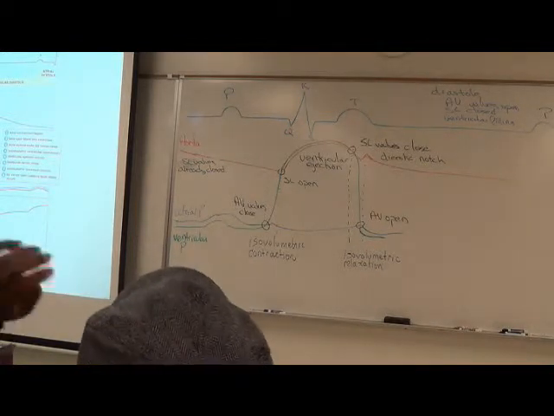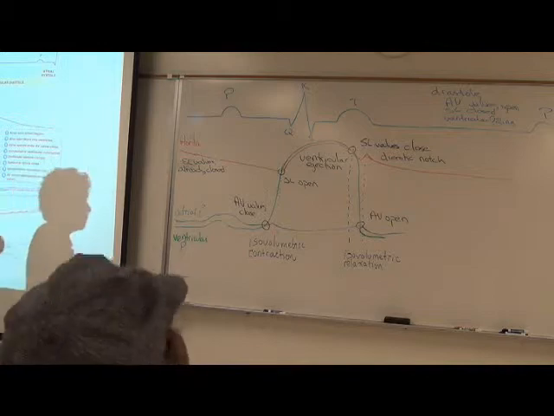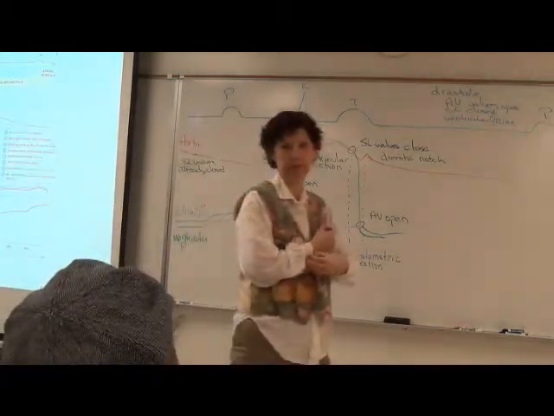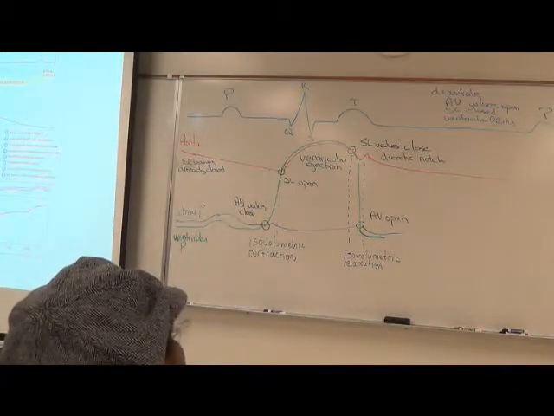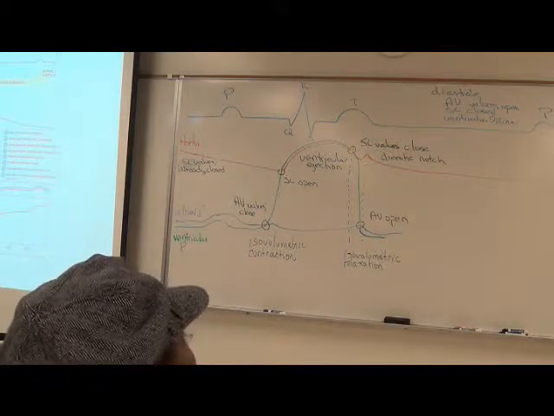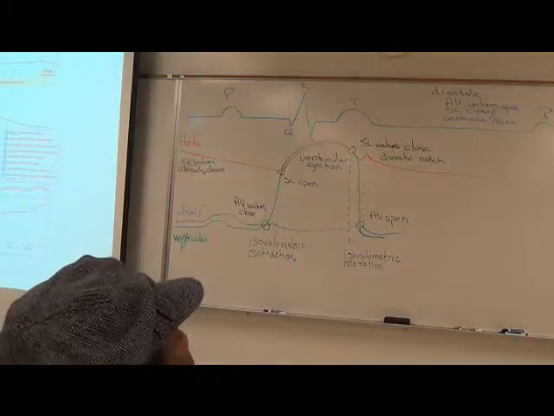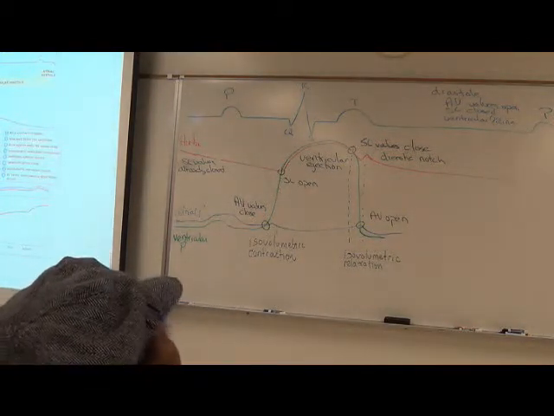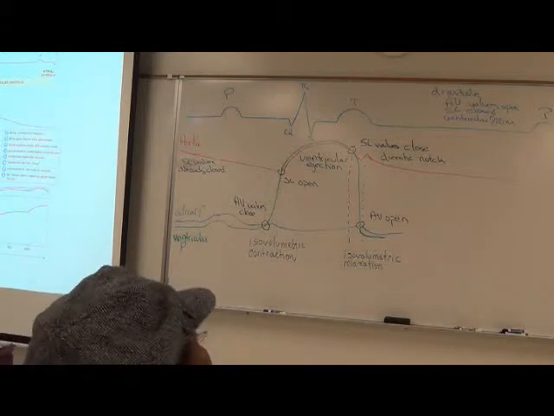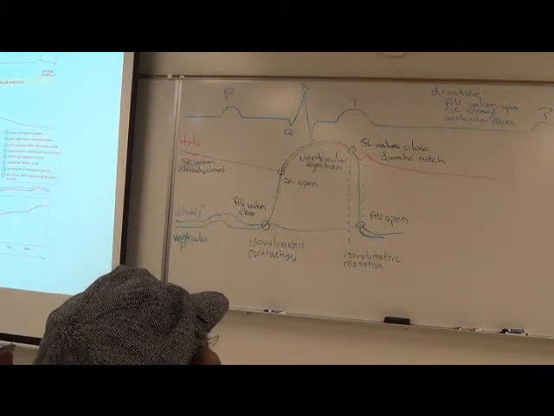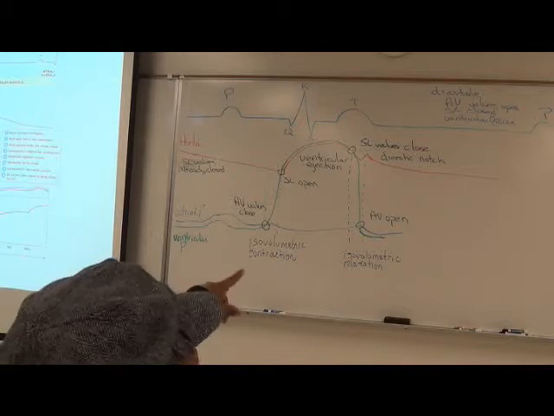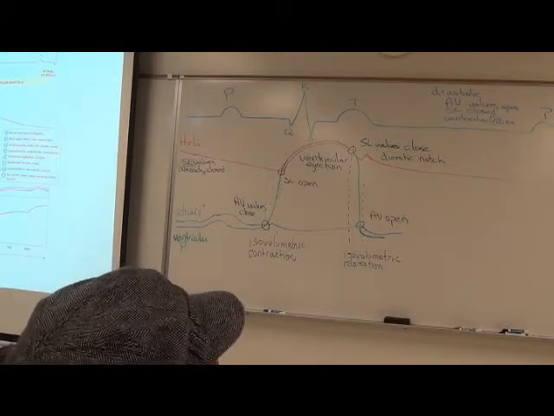Okay, so as soon as the semilunar valves close, the pressure in the ventricle is lower, right? That's why the semilunar valves close. So the pressure is always the why of the valve change. They stop contracting, right? So that's why it's repolarizing. It's relaxing.